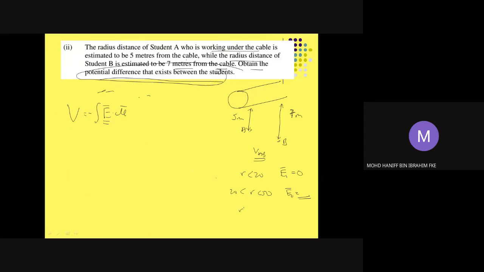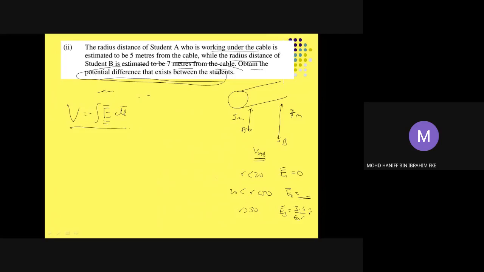And then we have R bigger than 50, where E3 equals 3.6 divided by epsilon naught of R, in the direction of R, volt per meter. So in your opinion, which electric field intensity shall be used in the equation of E dot dl to find the potential difference between A and B?